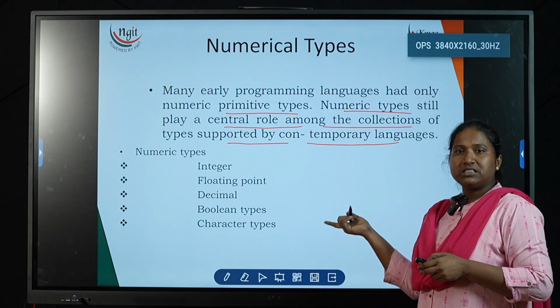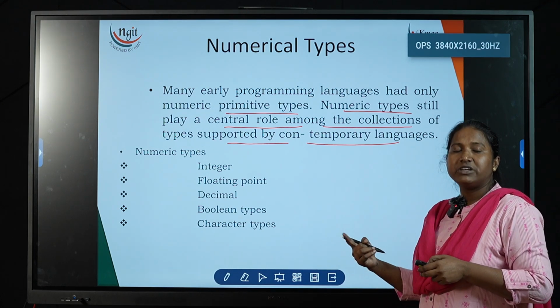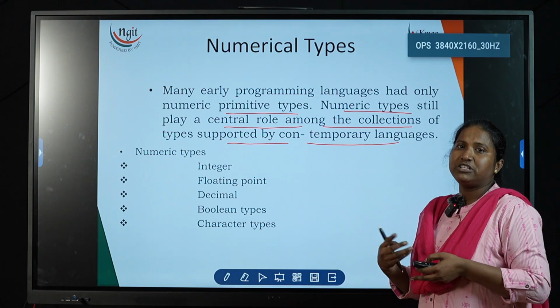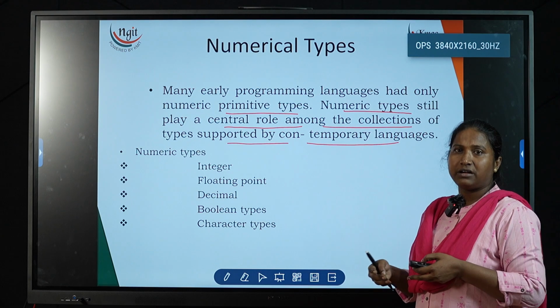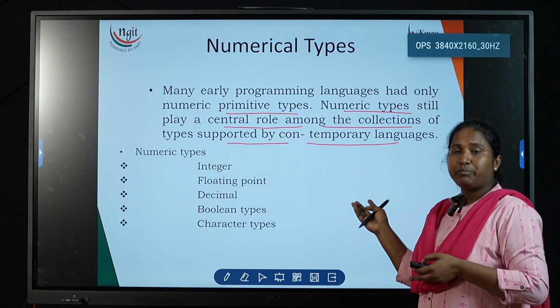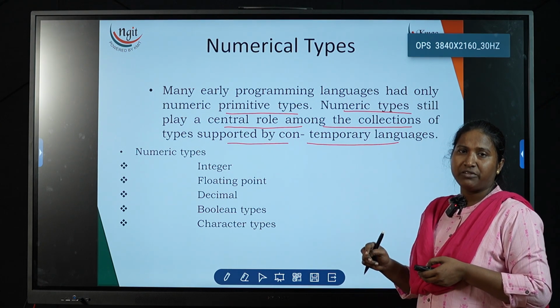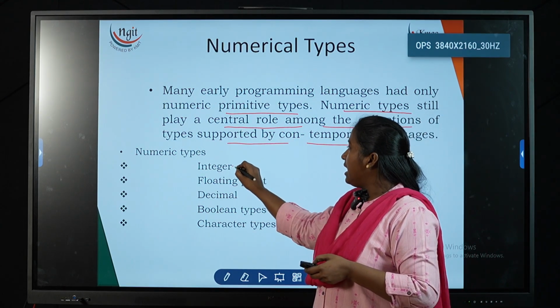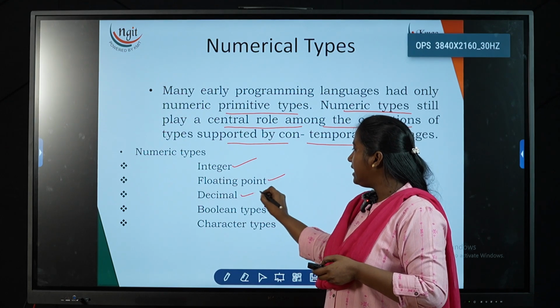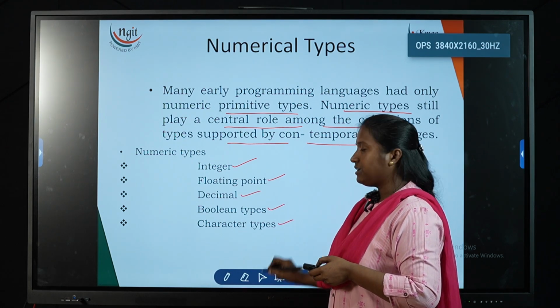These types are fundamental, primitive, and they play a vital role in defining any kind of value. Those types are integer, floating point, decimal, Boolean and character types.